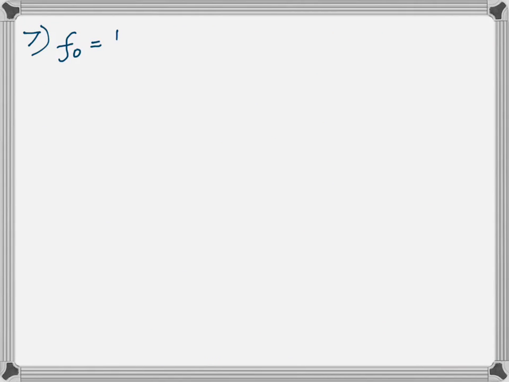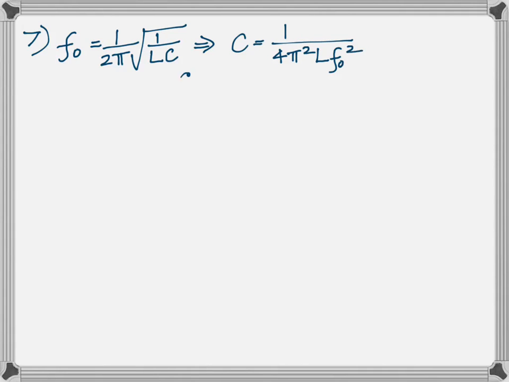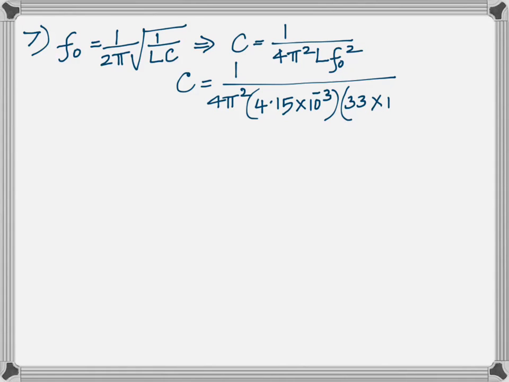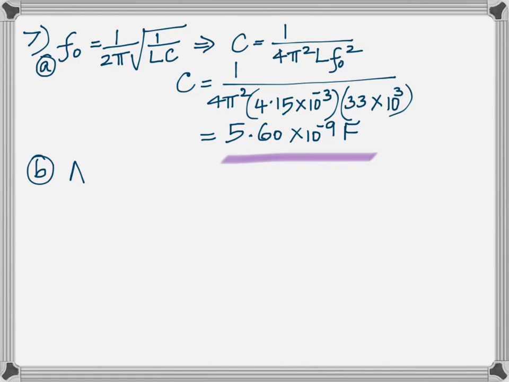Seventh question. Resonant frequency is given by 1 by 2 pi square root of LC. Now rearrange that. Of course, you square both sides and separate the C and you get the A part.